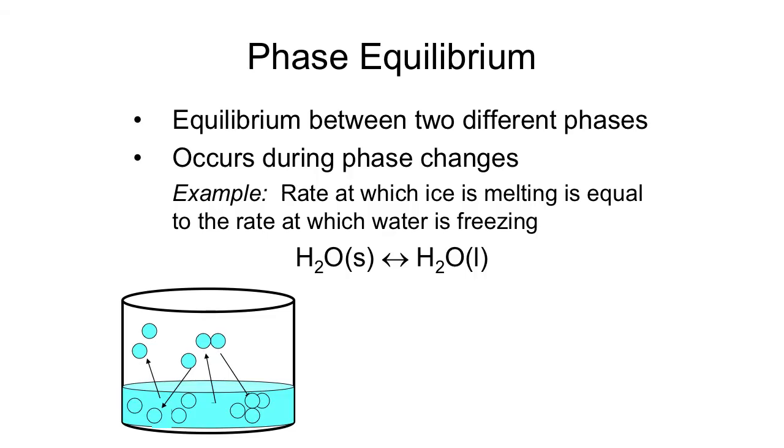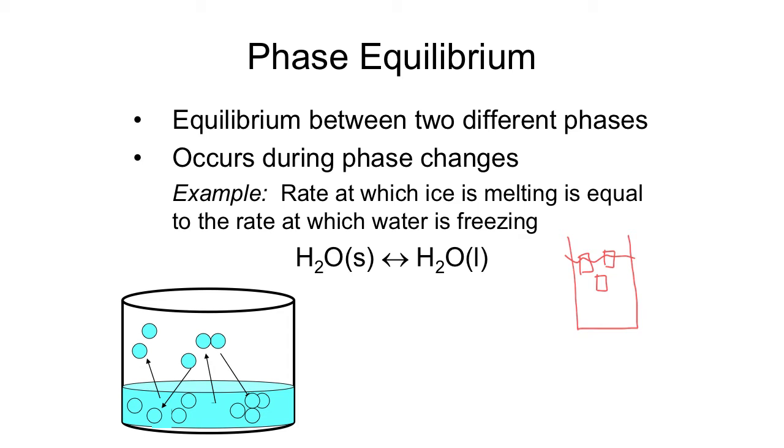All right, so in phase equilibrium, this exists between two different phases. So it's simply a phase change, so a physical change, not a chemical reaction. So for example, if we have a glass of ice water, we have water, and then obviously we have some ice cubes.